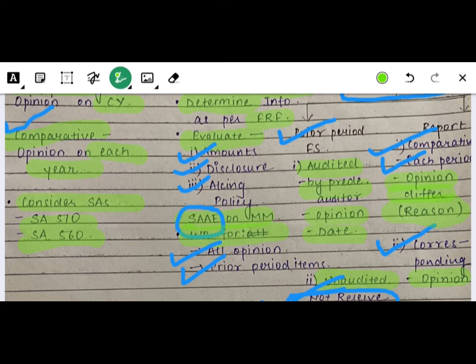Secondly, if the opinion was unmodified and there was a need for modification, and that matter is not dealt with under the applicable FRF, then you have to either qualify or give an adverse opinion for the current period financial statements.